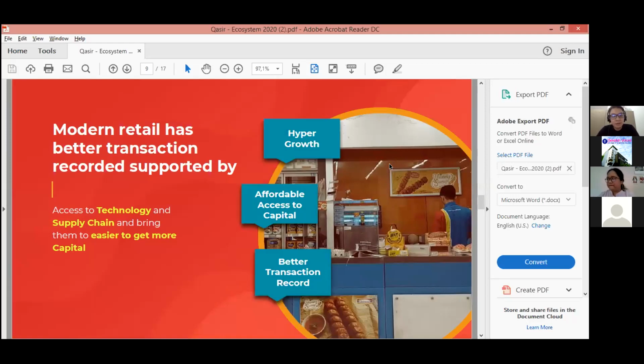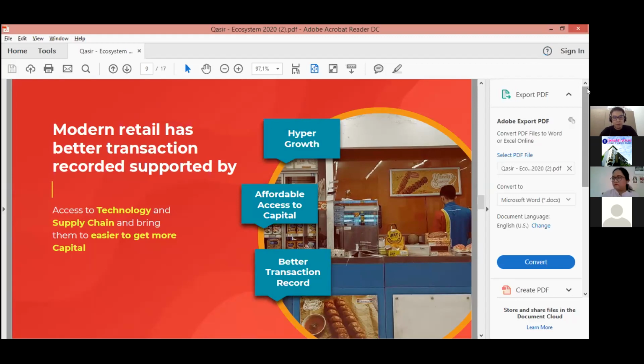So this is why modern retail is increasing, and if you see in some other parts of Asia it is also similar. Modern retail in Indonesia is actually flourishing because they have better transaction records, access to technology, and access to the supply chain. After they have better transaction records, they get easier access to more capital.